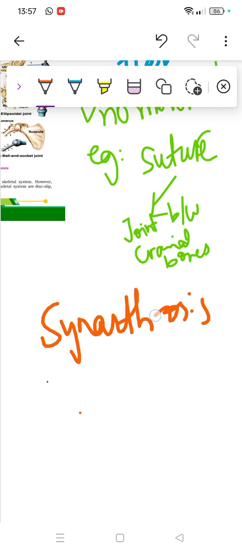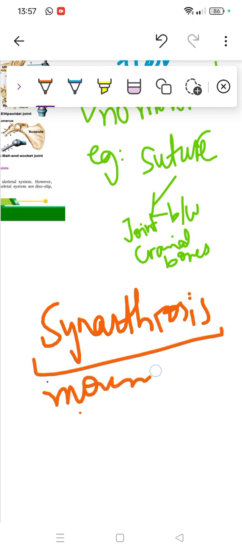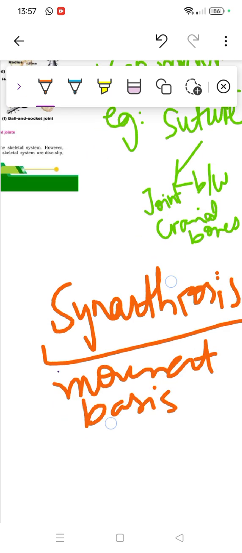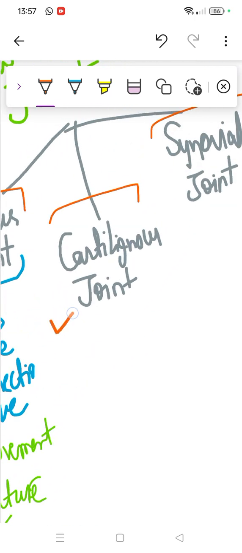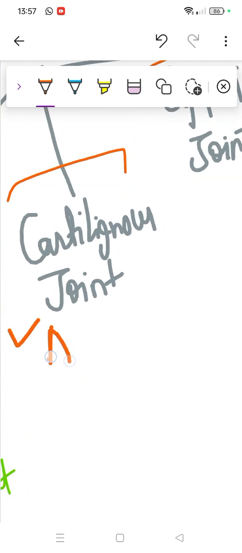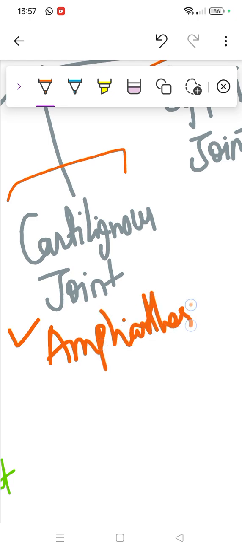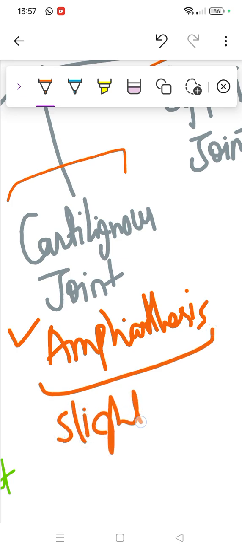This name is given on the basis of their movement, and this has no movement. And the second, cartilaginous, is also called amphiarthrosis, a name given on the basis of movement, and they have slight movement.